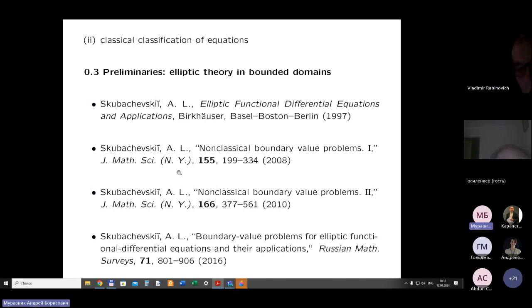It is enough just to provide you these four sources, but not only them, but the list of references for all of them, and then the reader will have a more or less reasonable picture of the theory in this direction. But today we will consider problems in unbounded domains and problems for parabolic equations.